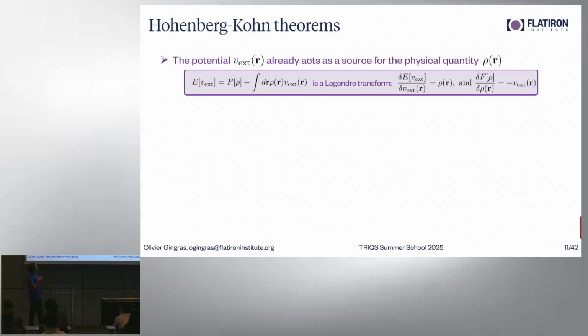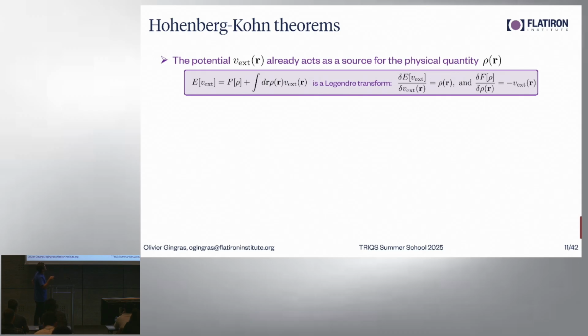Now, when we did the choice of source term, we could have also realized that the external potential also acts as a source in this expression with respect to the density. So this is also a Legendre transformation of the energy as a functional of the external potential.